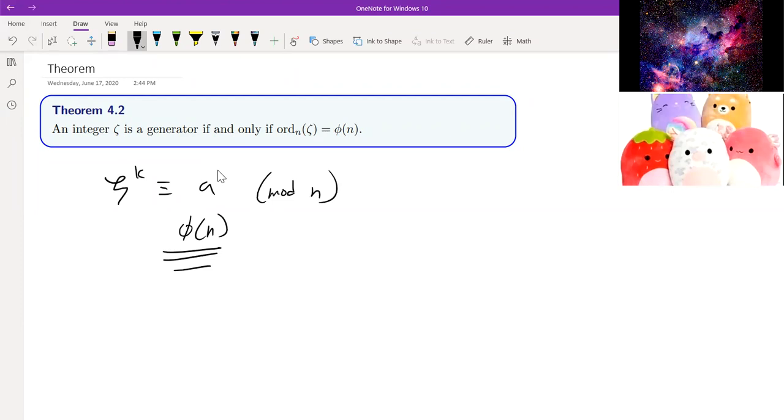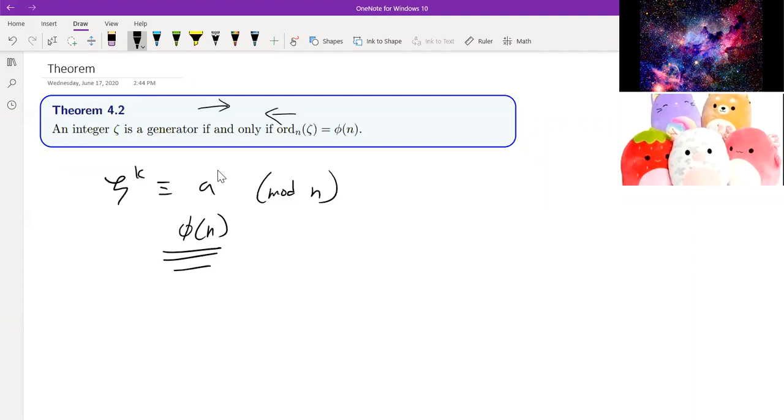Every coprime value a must be generatable by zeta. So there should be phi of n different exponents for k. That's how we can show that if this is a generator, its order has to be phi of n. Just remember, if its order was smaller, we would be repeating values of a in between, and we would not be able to generate all phi of n numbers coprime to n. So that's how we prove the if direction.